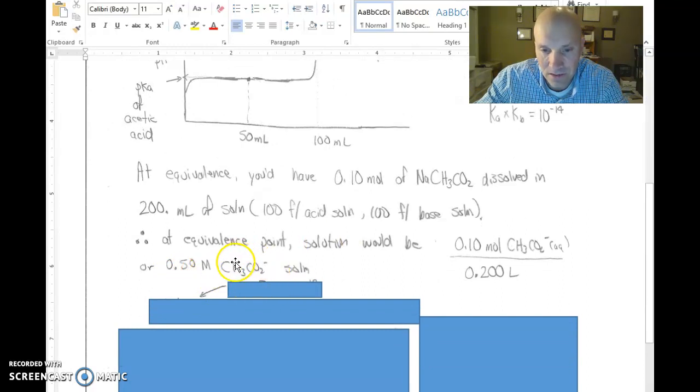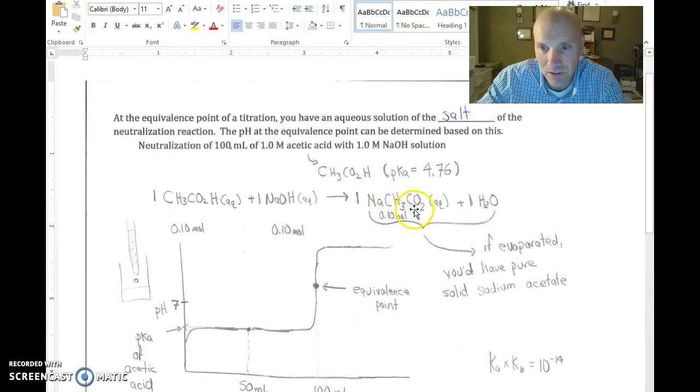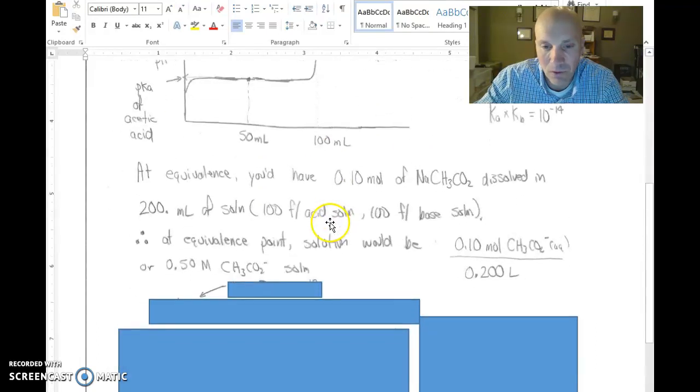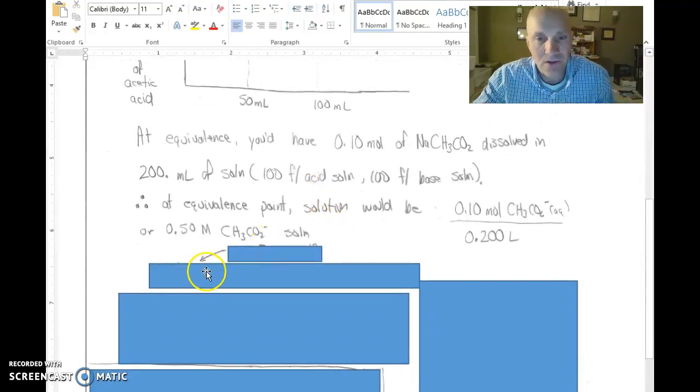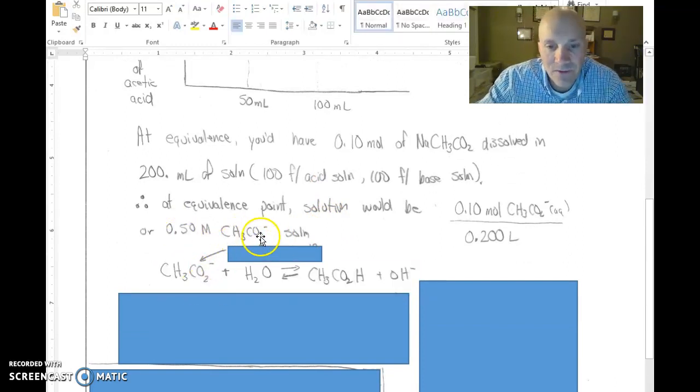That's the conjugate base. That is the conjugate base right here of the acetic acid, which would be swimming around in that solution. So essentially, this problem becomes the following. If this is in water, it's going to act as a weak base. So it's going to have an ability to react with water to make some of the acetic acid plus hydroxide.